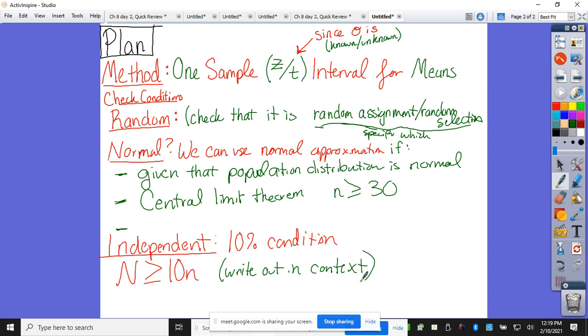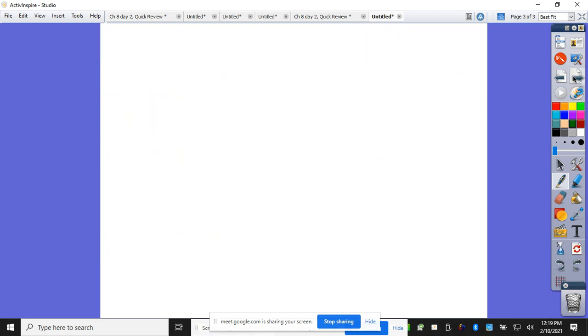All right, so do. I'm going to write down symbols for numbers that are probably going to be given in the problem. If I'm dealing with means, what's got to be given to me? That's what I'm guessing. So I won't know mu, but I will know x bar.